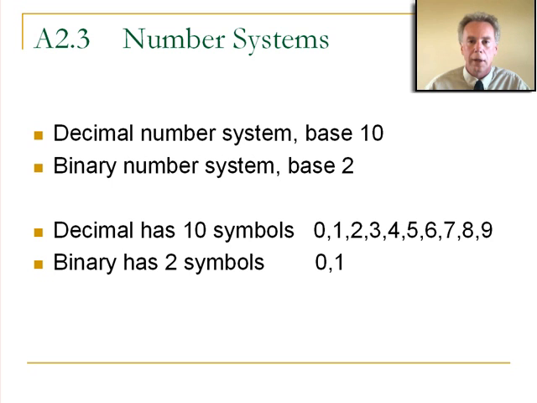In decimal we have 10 symbols, 0 through 9, to work with, and in binary we have only 2 symbols, 0 and 1. So as we put together decimal digits to make larger numbers, similarly we're going to put together binary bits to make larger numbers.